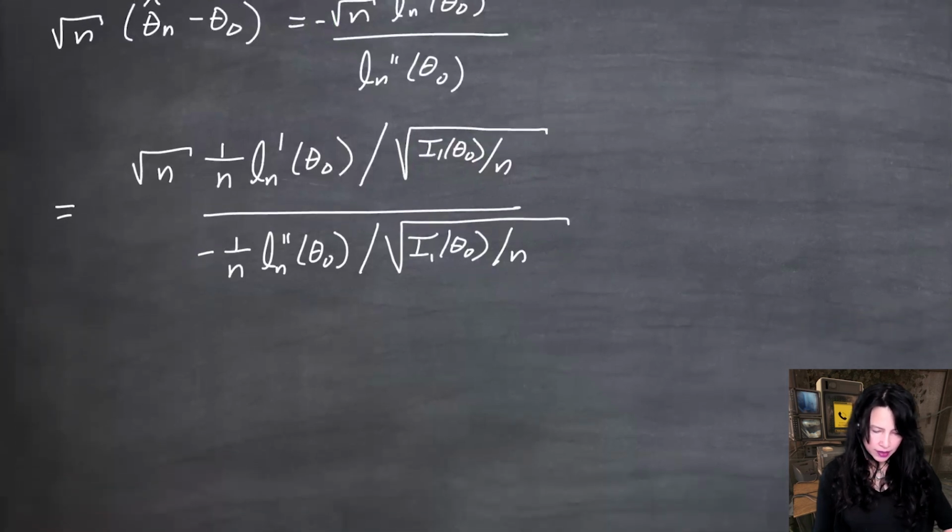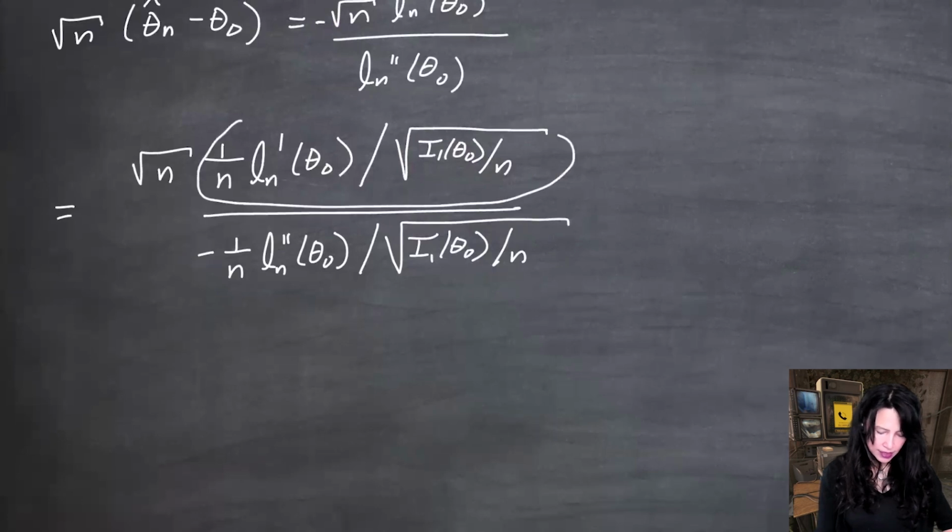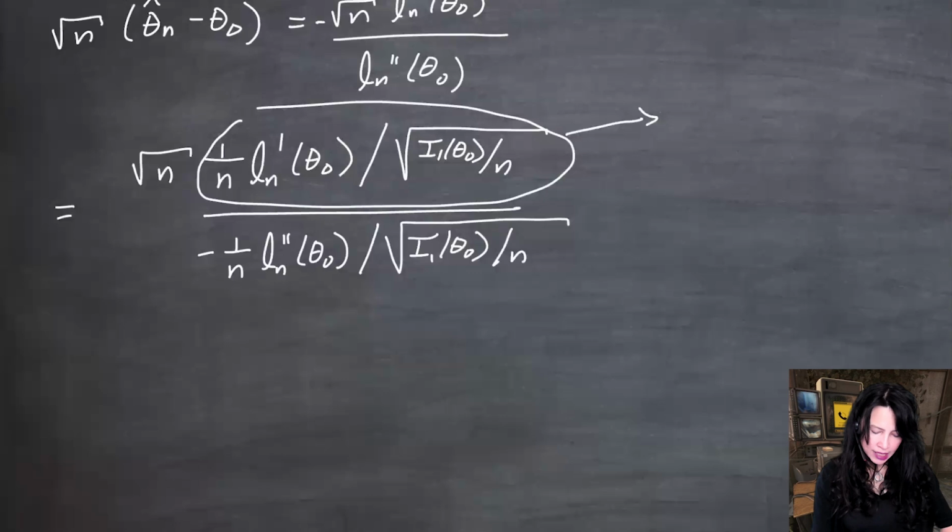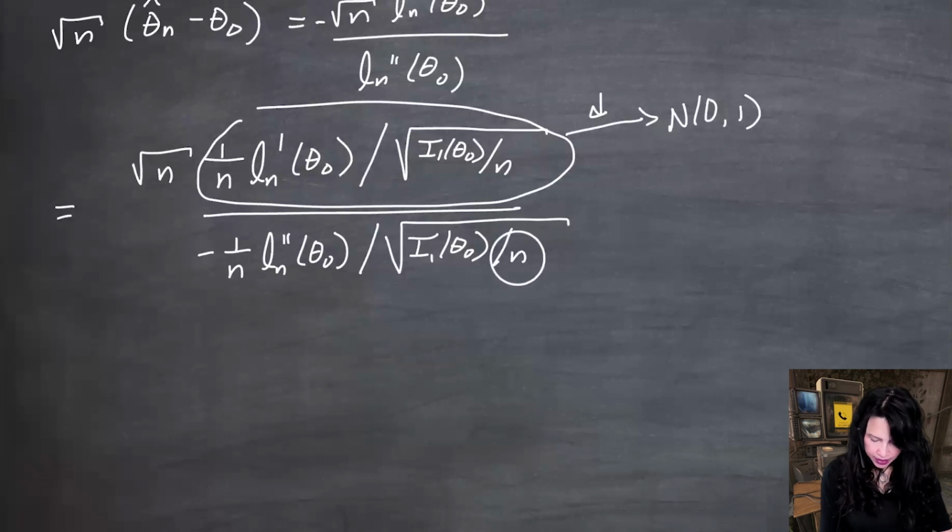And what do we have? This is converging in distribution to a normal 0, 1. Here I have a square root of n in the denominator of the denominator, so that is going to end up canceling with this one.